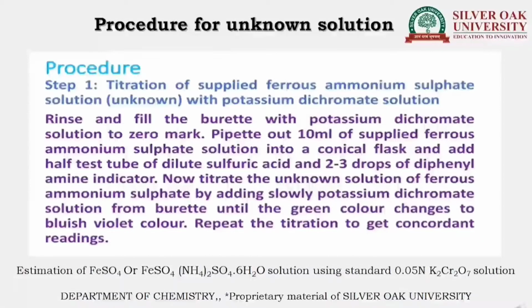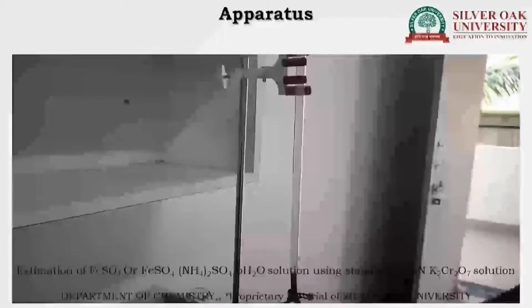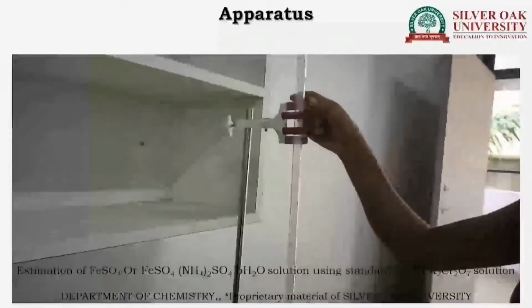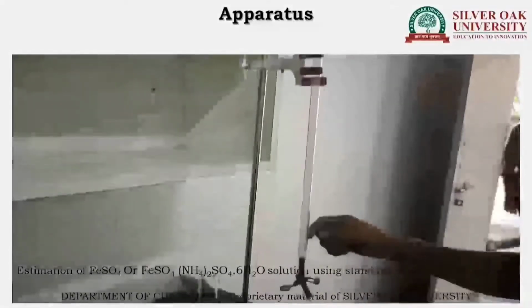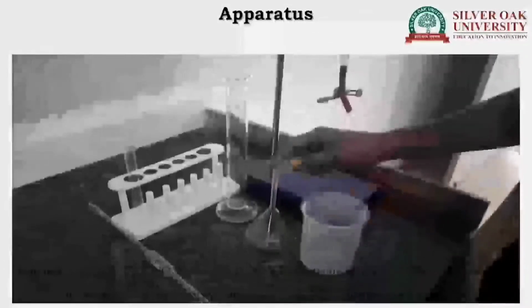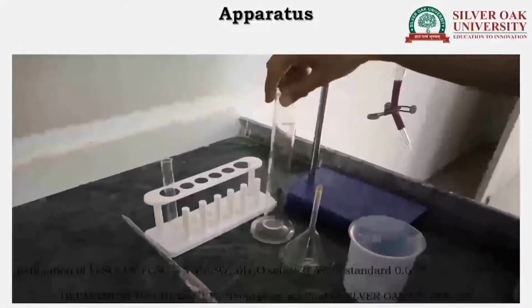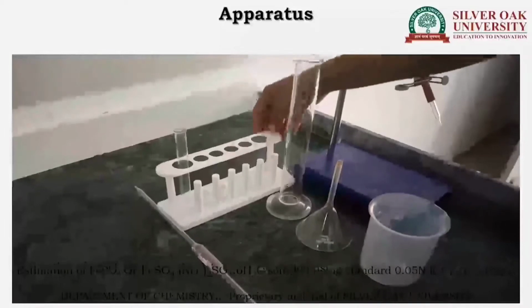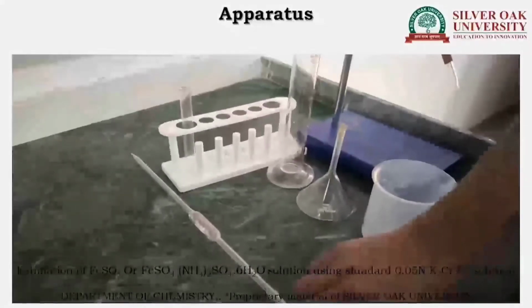Here the procedure, step 1: titration of supplied ferrous ammonium sulfate solution with potassium dichromate solution. Apparatus used in this practical are burette, beaker, funnel, measuring cylinder, test tube and test tube stand, and 10 ml pipette.